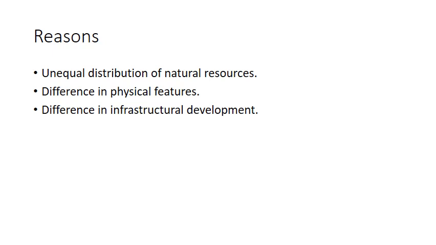Those regions where infrastructure is developed get more income sources, while in areas where infrastructure is not developed, investment can't be made and there is less economic development. So because of the difference in infrastructural development, there exists economic disparity.